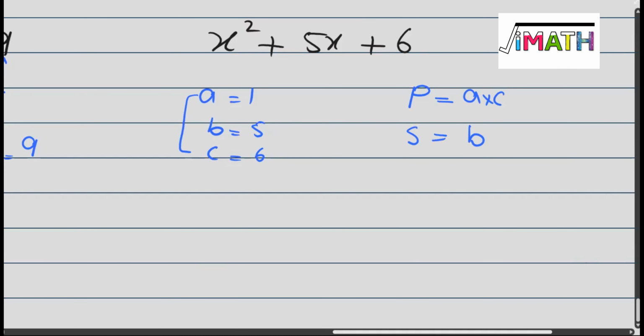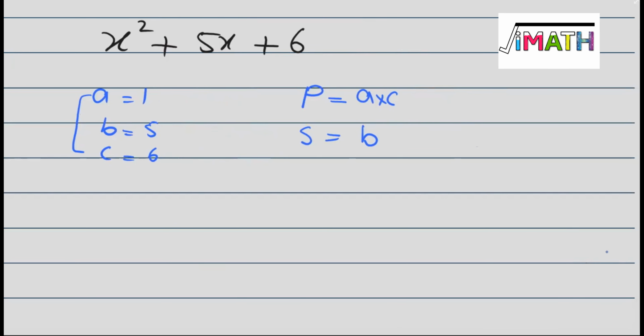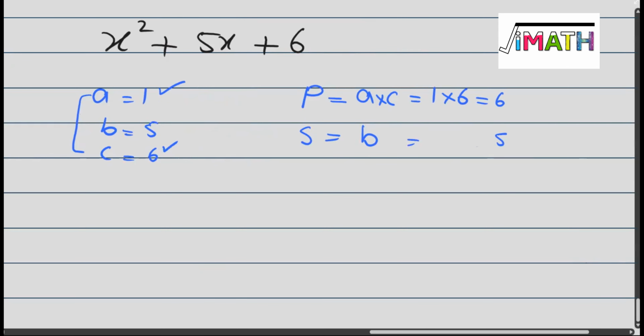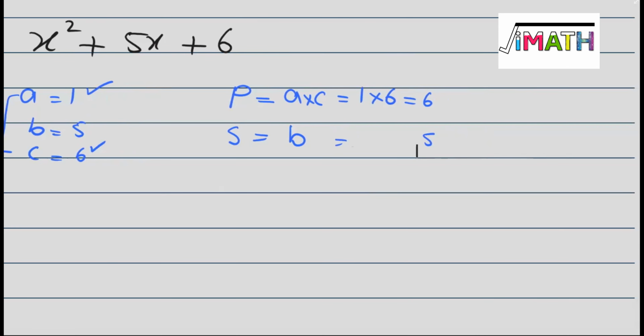So what is A? That is 1. And what is C? That is 6. So my product is equal to 6. And what is B? That is 5. That is my sum.